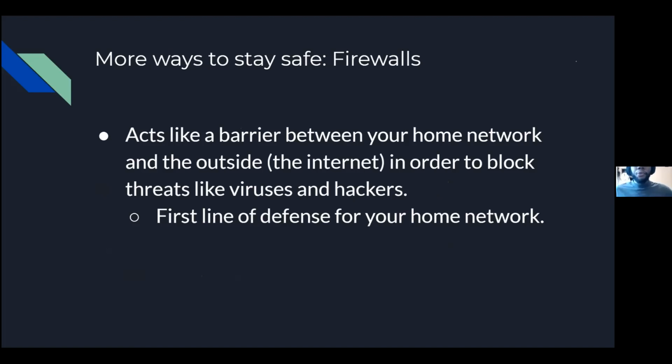So we're going to look at an additional way that you can protect your information, and this is via firewalls. The firewall acts as a barrier between your home network and the outside, or the internet, in order to block threats like viruses and hackers. So initially, it's your first line of defense in your home network. A firewall sits between, let's say, your home router and the outside internet.